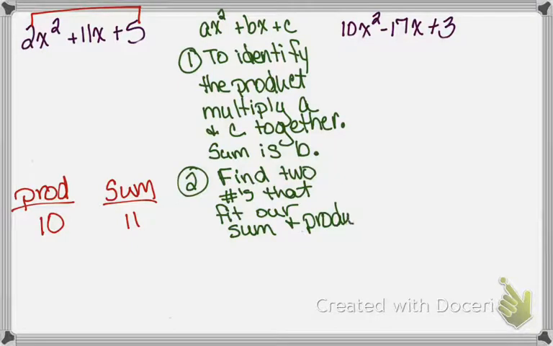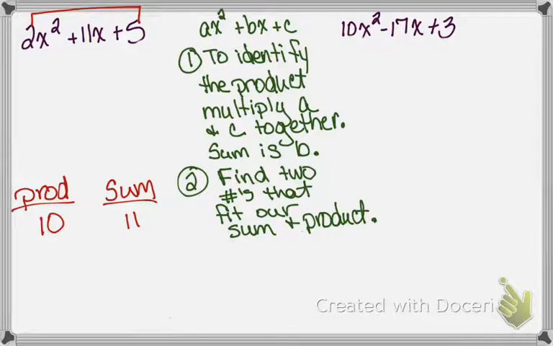Okay, so you're going to find two numbers that fit our sum and product. Once we've got our product, we found it a little different, but once we have our sum and our product, we're still finding two numbers that multiplied together give me 10 and added together give me 11. What are those two numbers?